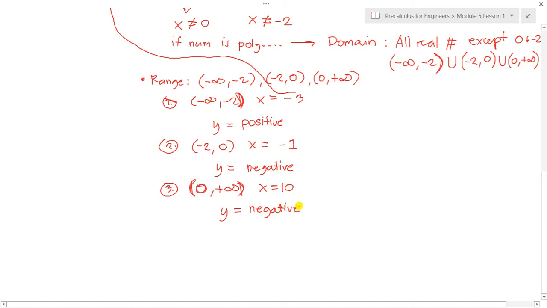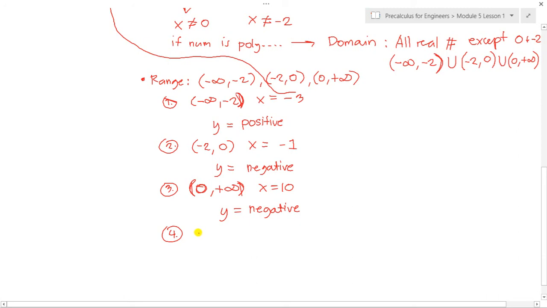Okay, so based on this, class, we have a negative answer for y, and a positive answer for y. Do you think there is an answer where y is equal to 0? Actually naa siya. There is a fourth interval. Unsa man ni siya?